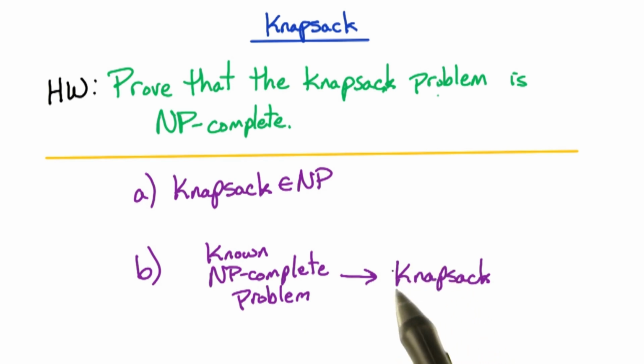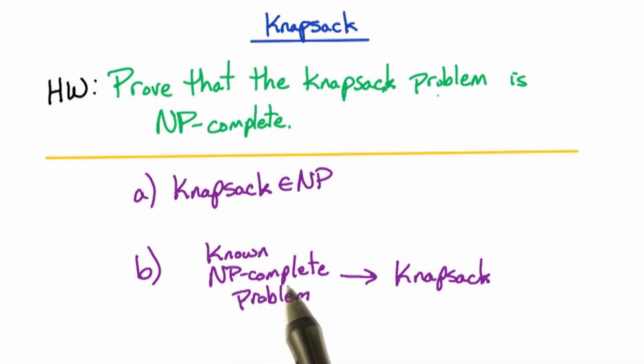So you're assuming you have a polynomial time algorithm for this problem, and you're using that to solve this problem in polynomial time. So you have to take an input to this known NP-complete problem and transform it into an input for this problem. Then if you take a solution to this problem, you can transform it back to a solution to the original problem.